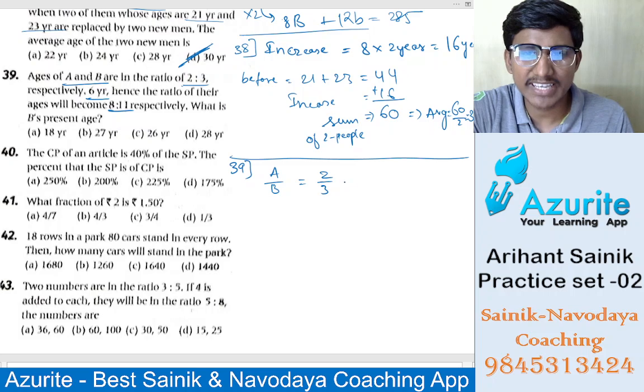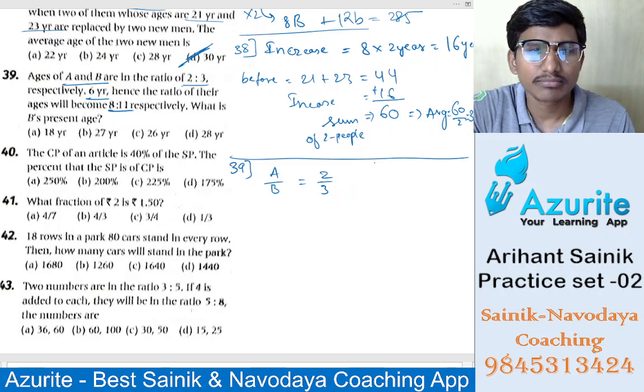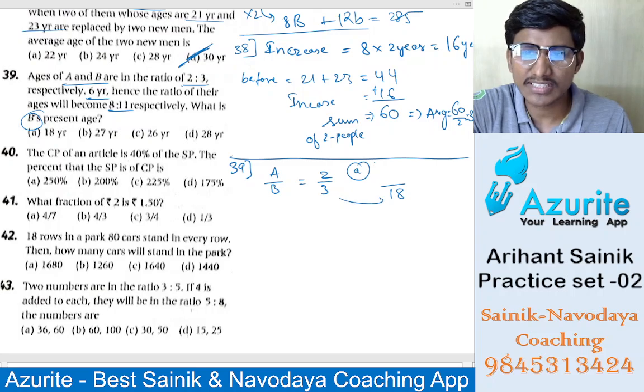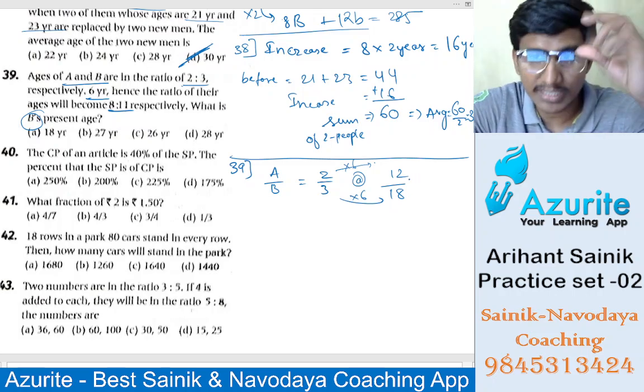If you take option A, B is 3 years, so A means that is 18. 3 6s are 18. And A will also be 2 6s, 2 6s are 12. So after that, 12 by 18. After 6 years, hence we have to check that also.